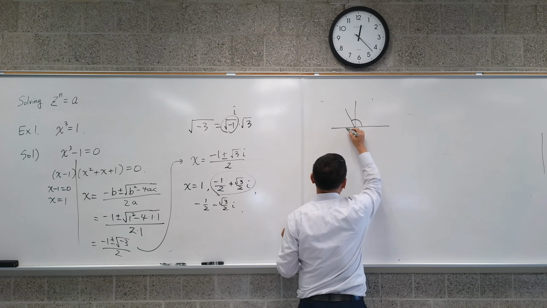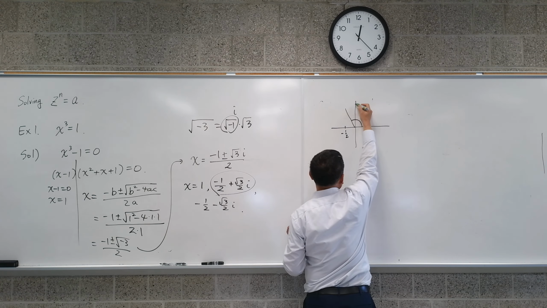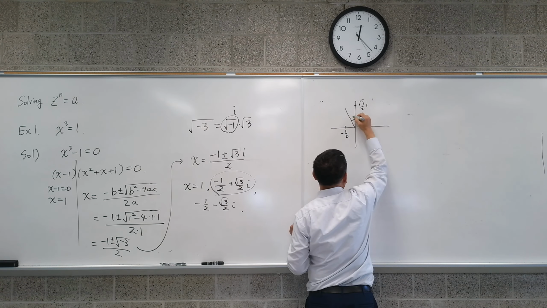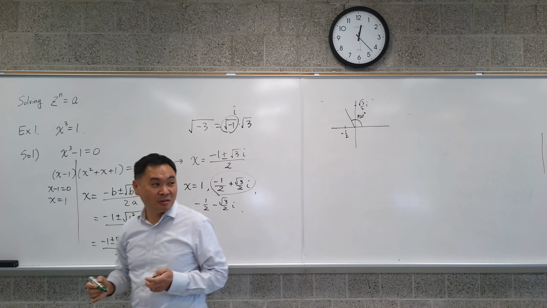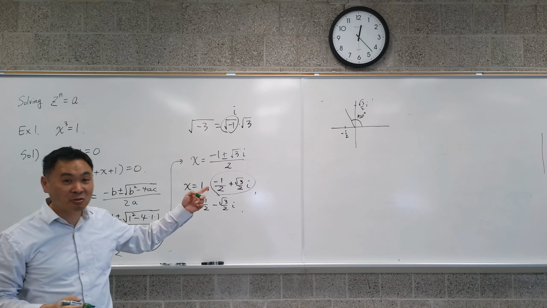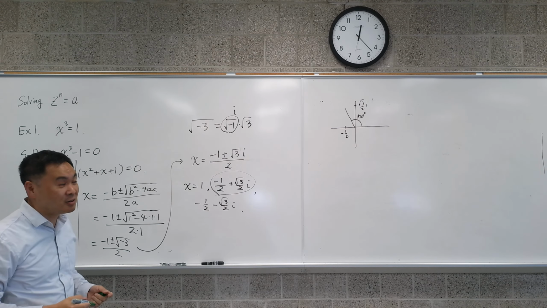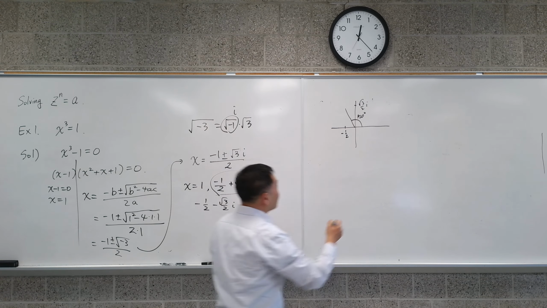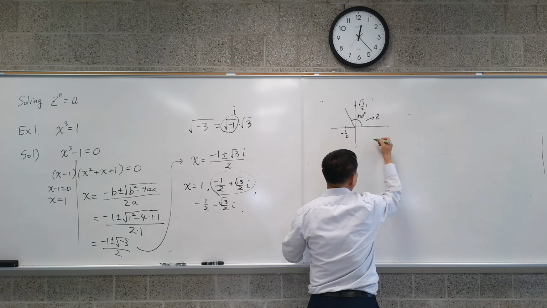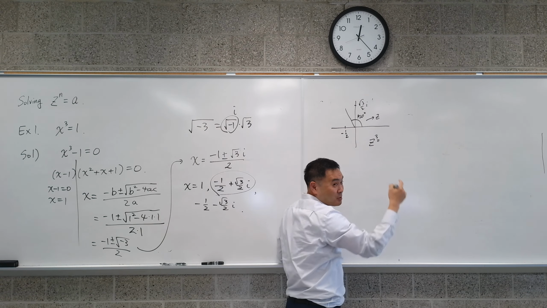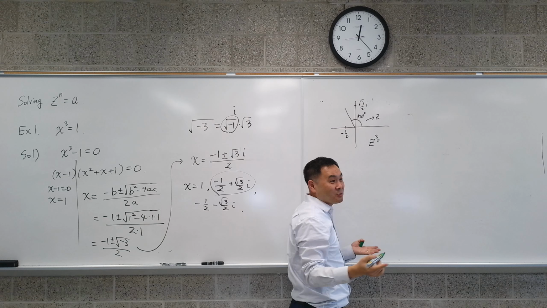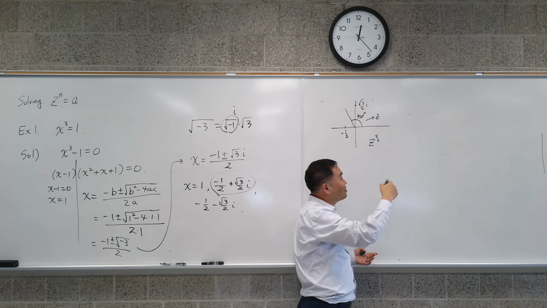So this one is the one with negative 1/2 here, radical 3 over 2 i, 120 degrees. We had an example problem just a moment ago, right? And when we called this z, what did we find? z cubed was equal to? You can go back to your notes. What did we get for z cubed? 1. Right?